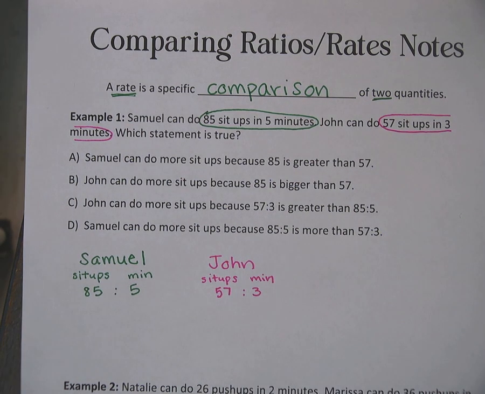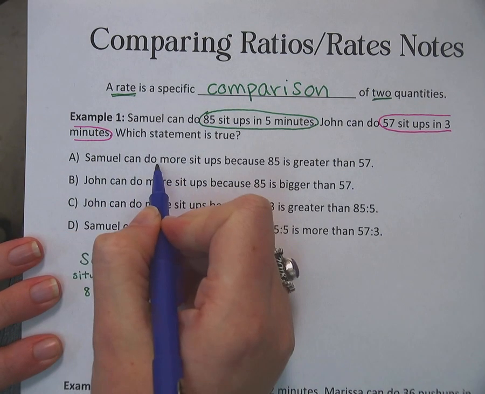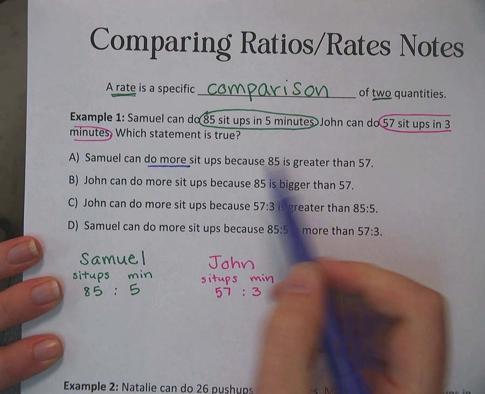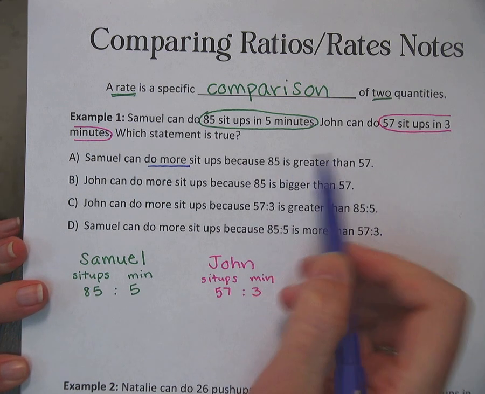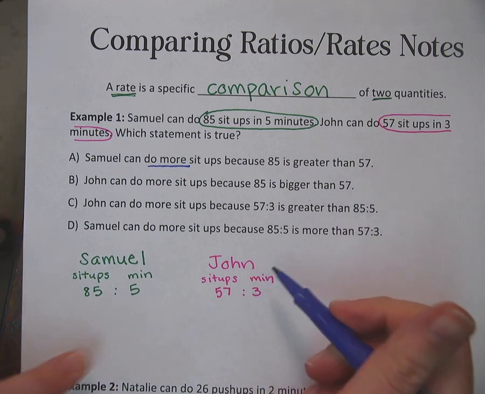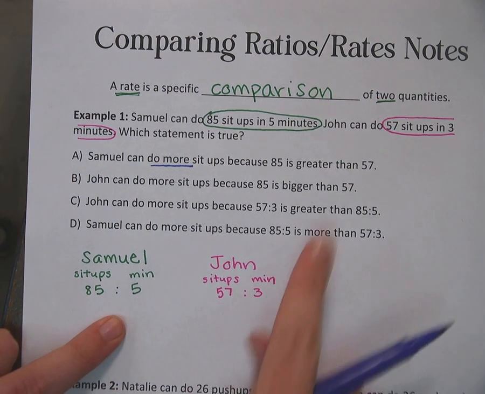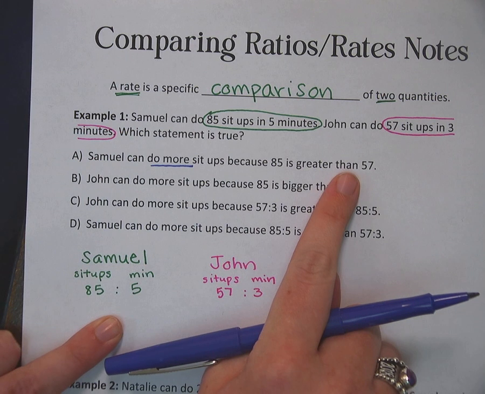Okay, now I can go through and look at my answer choices. So it says Samuel can do more. So they want to say Samuel can do more sit-ups because 85 is greater than 57. So this is true, but it's not using the actual ratio. We cannot just use one of those numbers.